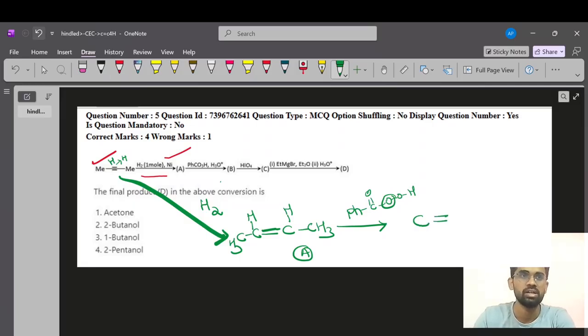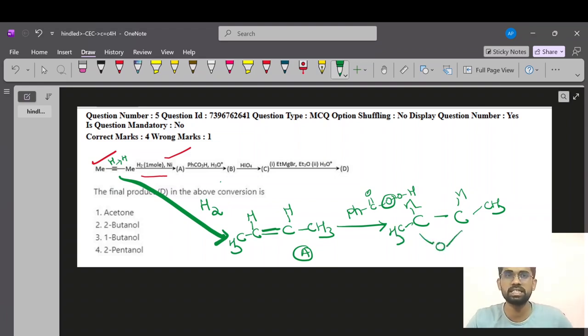Just remove that pi bond, whatever pi bond we have seen previously, and then add an epoxy bond like this. Next, this is B. If you observe this, there is water in acidic medium we have provided. See, this cyclic 3-member ring is a really strained ring now.